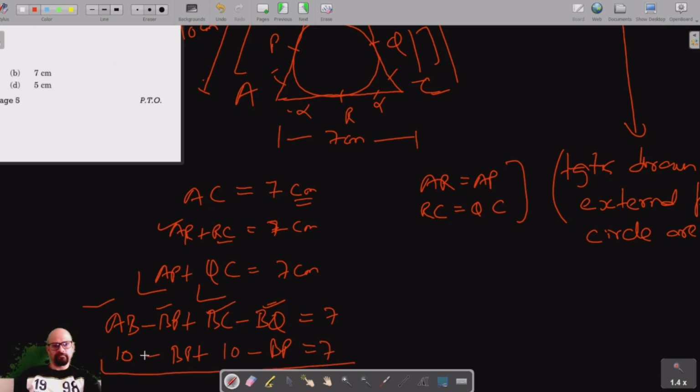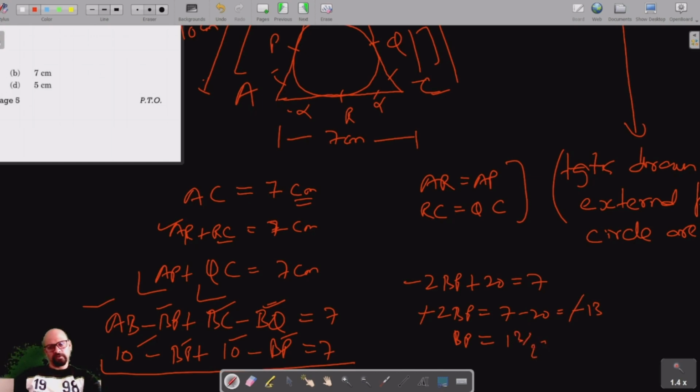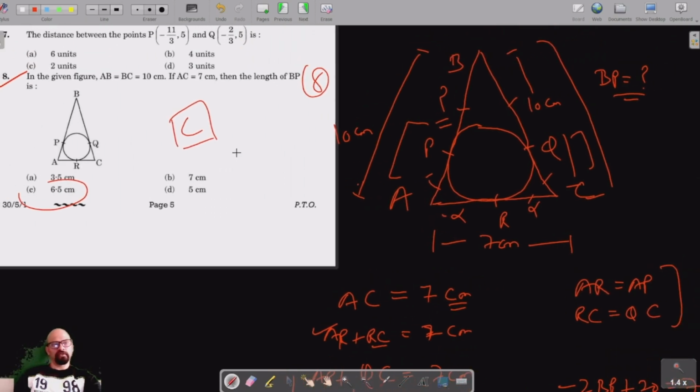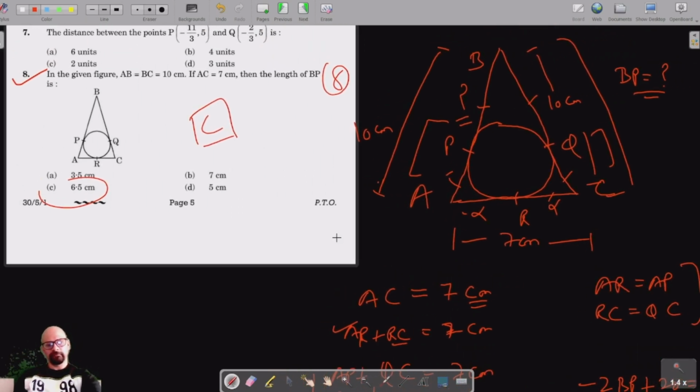So 10 plus 10 is 20, minus 2BP, so minus 2BP plus 20 is equal to 7. Minus 2BP is equal to 7 minus 20, which is minus 13. Negative gets cancelled. BP is equal to 13 by 2, which is equal to 6.5 centimeters. So 6.5 centimeter, that is option C. So C is the correct answer for question number 8. Let's move on to question number 9.